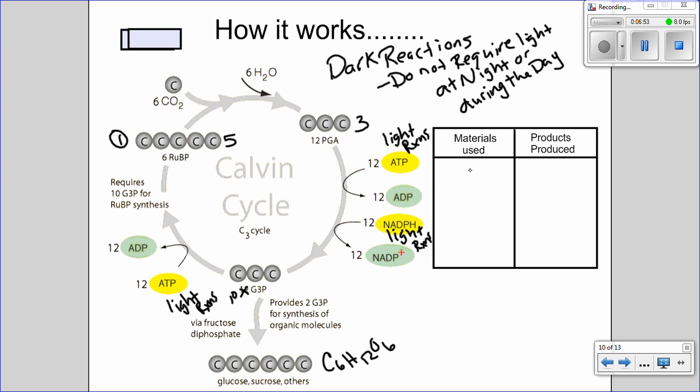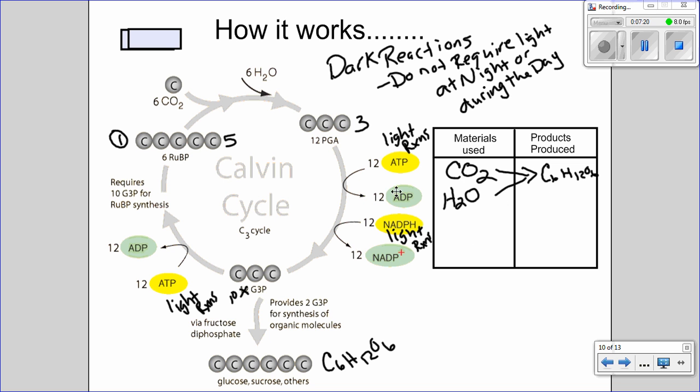So just like we did before, let's talk about the materials used. You've got CO2 and H2O. Those molecules create glucose, C6H12O6.